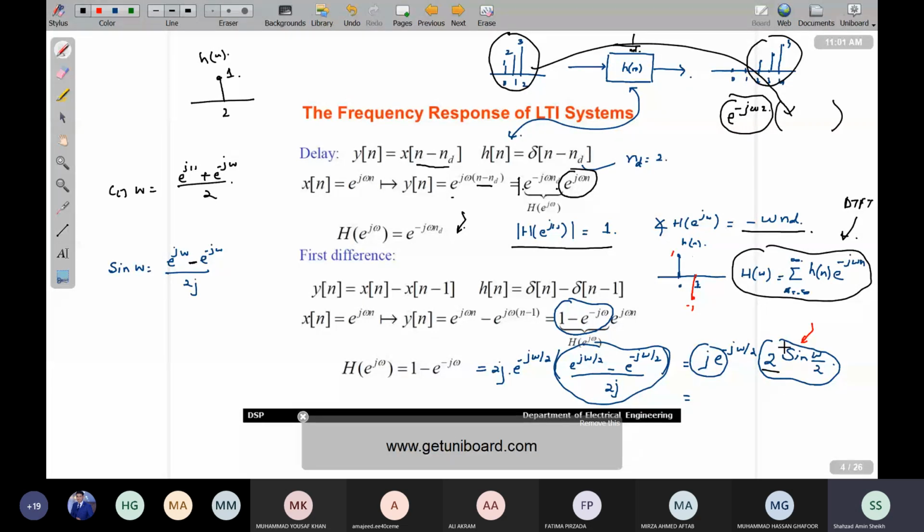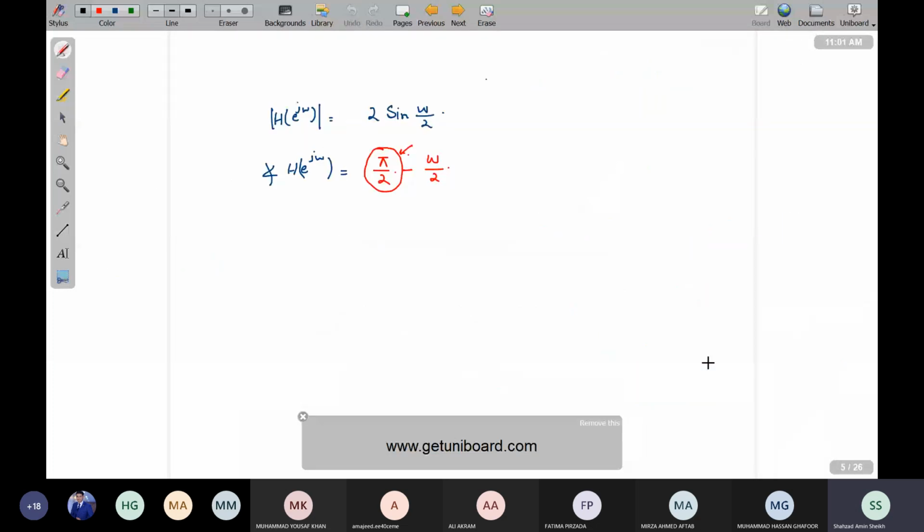So 2 sin omega by 2, that's the magnitude component, and j exponential minus j omega by 2, that is in fact the phase component. And j is what? j is equal to pi by 2. Okay, in terms of phase, whenever you see a j term, you will replace it with pi by 2, giving pi by 2 minus omega by 2.